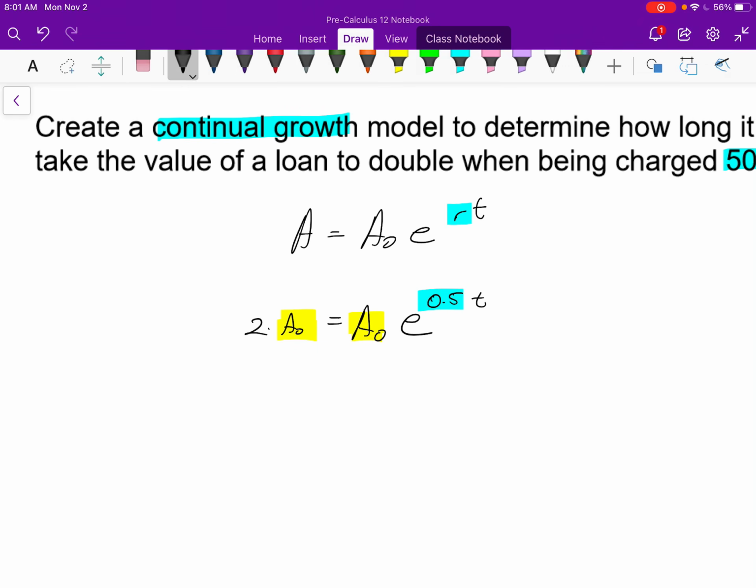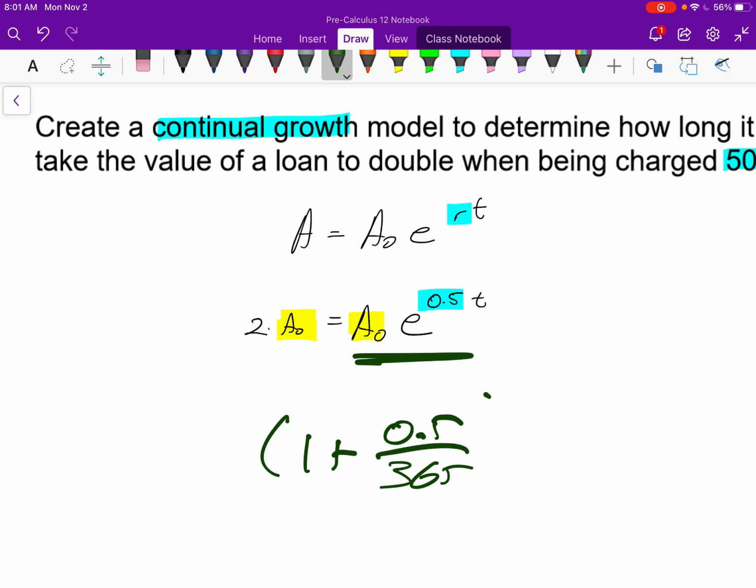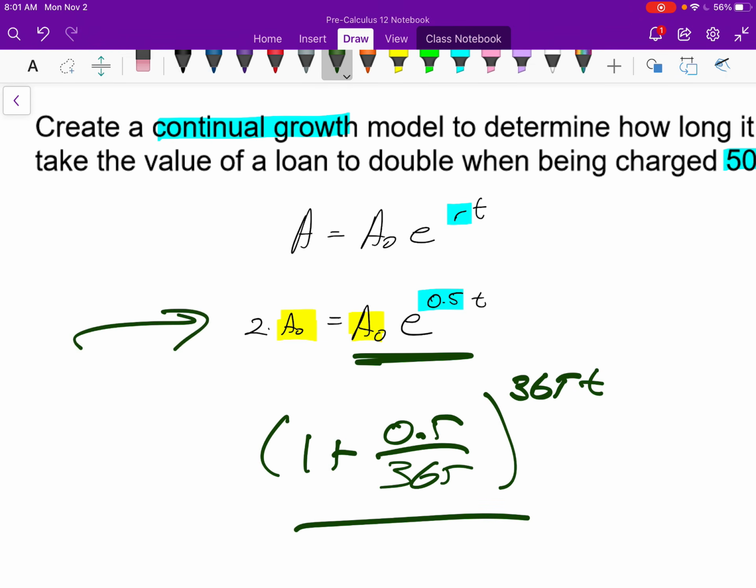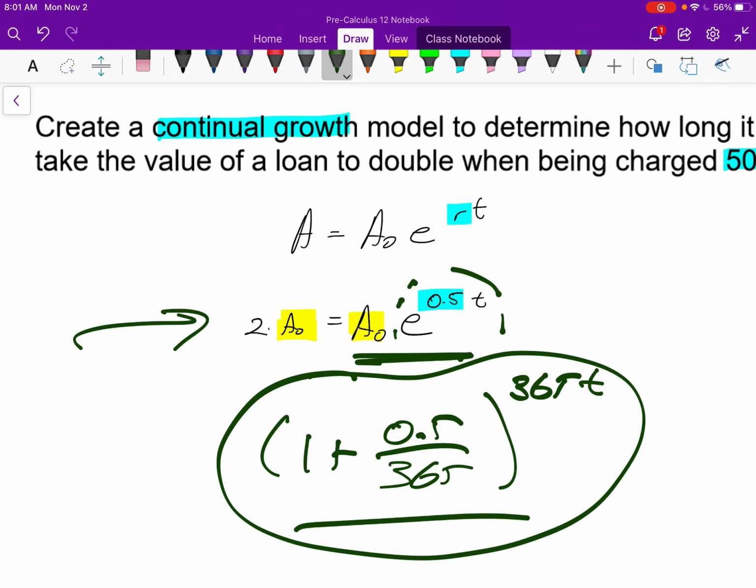And notice how much cleaner this equation is compared to (1 plus 0.5 over 365) to the power of 365t. This and this, well, actually especially this part right here, are almost equivalent. The difference between compounding daily and compounding continuously is really, really negligible, and yet this equation with e is so much more pleasant to work with.